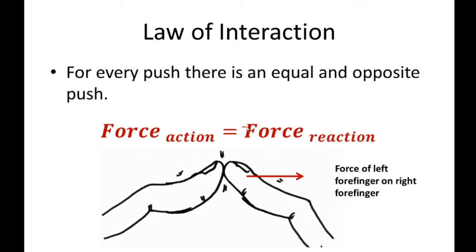The less force you exert, the less push you give, the less resistance your left forefinger would feel. The harder you push, the more difficulty your left forefinger would experience in pushing your right forefinger.